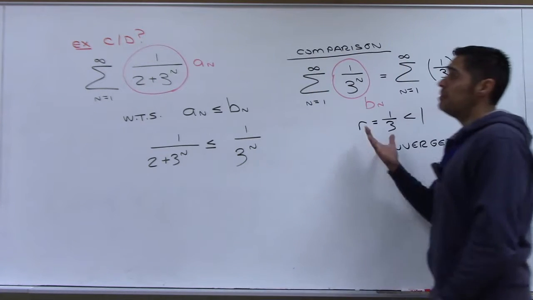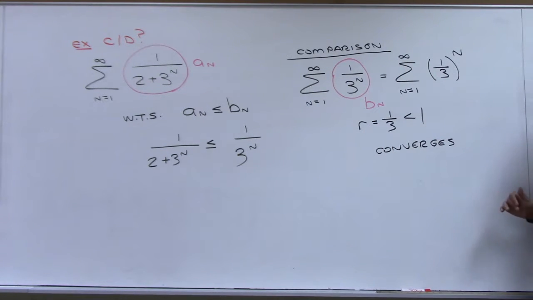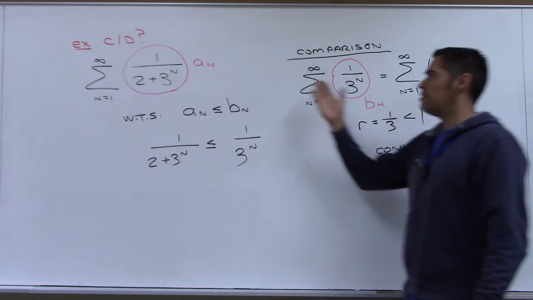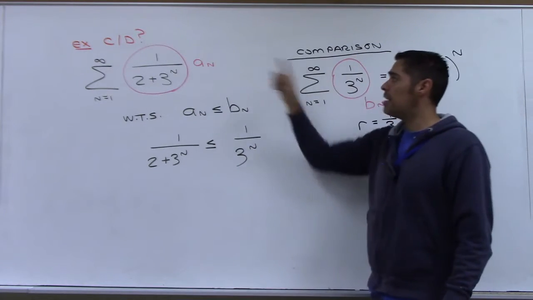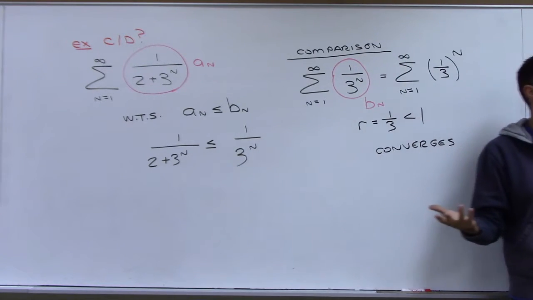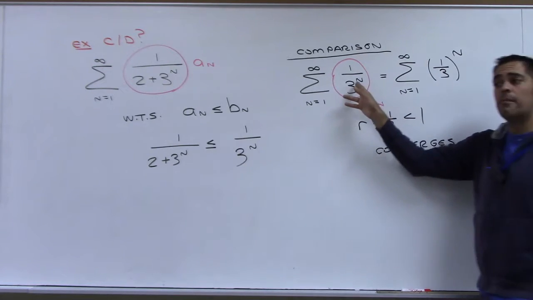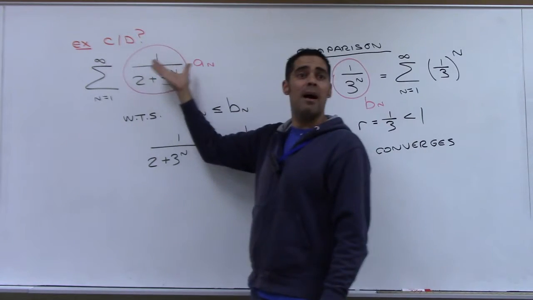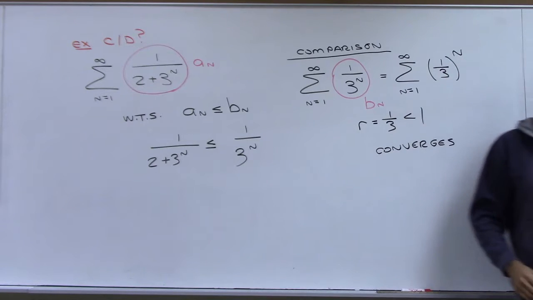I didn't mention this in the beginning because hopefully it's obvious to you. These two sequences, A sub n and B sub n, were positive sequences, right? You're never going to get a negative number here. If these are not positive, you can't use this test.